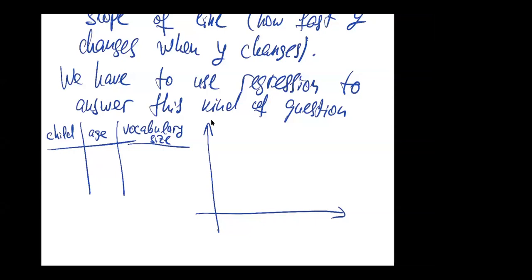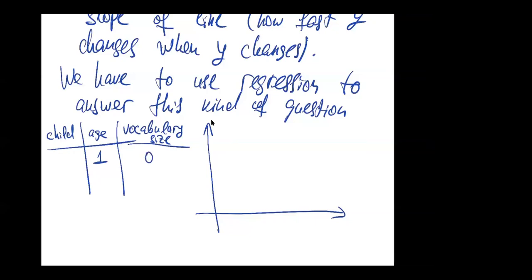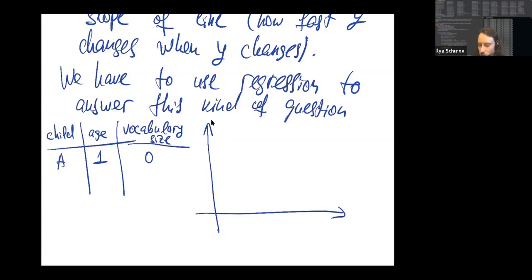Okay, when children begin to speak, around 1 year old, some very early, around 2 years old, maybe it's also early. Let us assume that we have some 1-year-old children who do not speak, and we have some 1-year-old children who have 10 words in their vocabulary, and we have some 3-year-old person who has 100 words in their vocabulary, and so on.